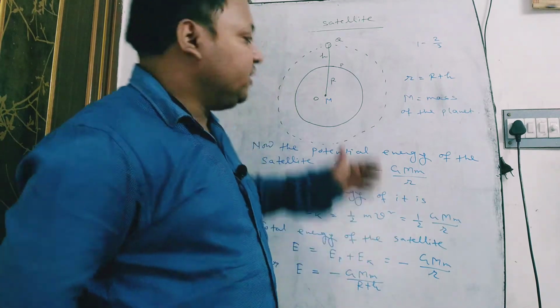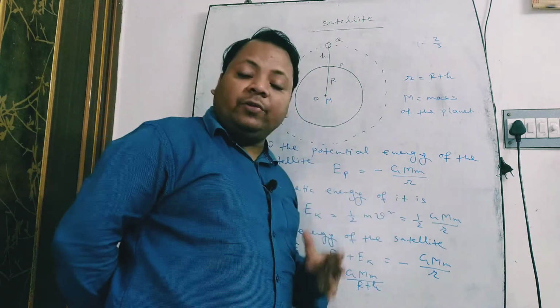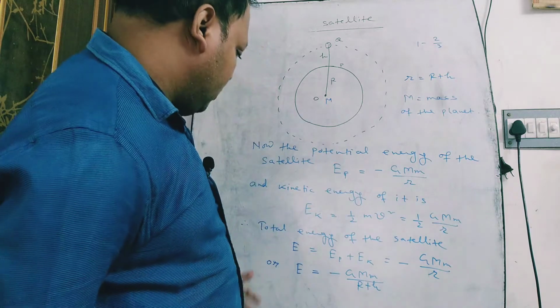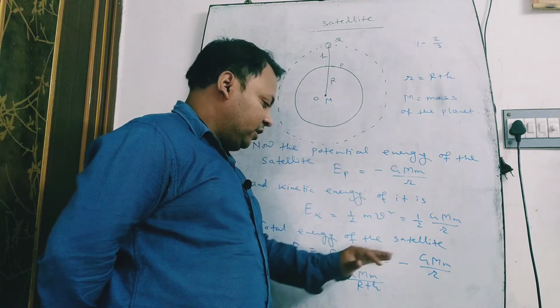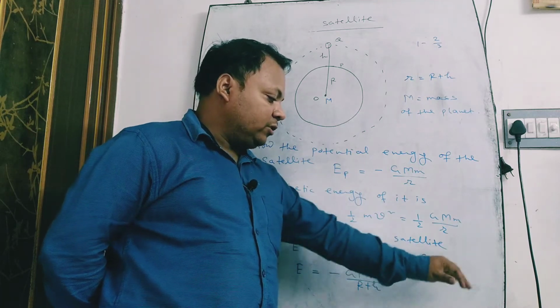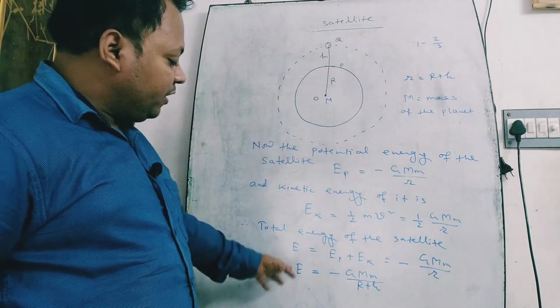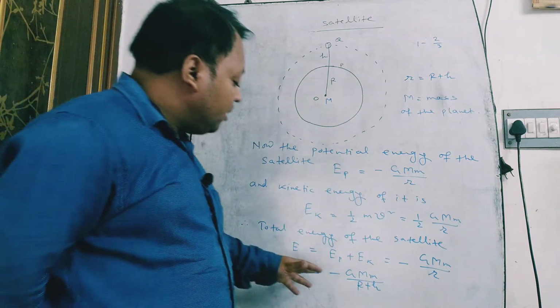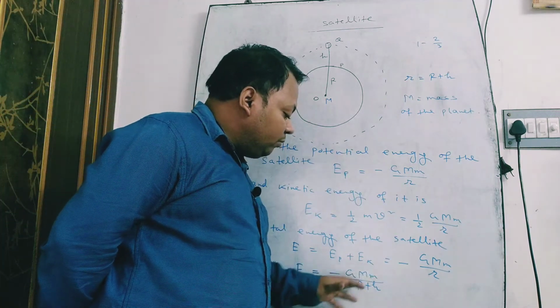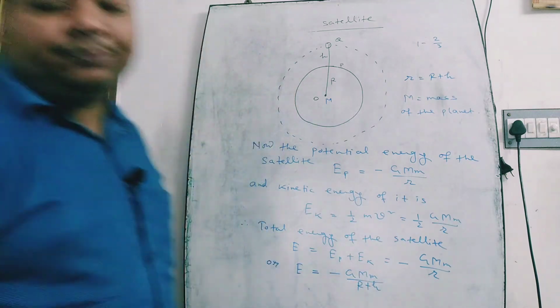Here small m is the mass of the satellite and capital M is the mass of the planet. Therefore, total energy of the satellite, E, is equal to EP plus EK, which is equal to minus capital G capital M small m by r, or minus capital G capital M small m divided by r plus h.